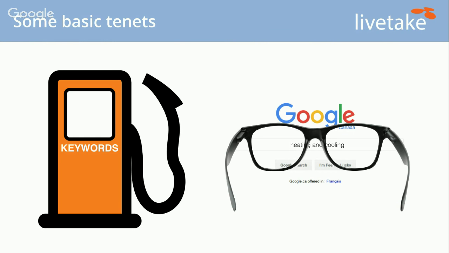Because of that, Google is going to always try to deliver to the customer, which is the searcher, the most relevant result. So they will always slant on the customer side, and everything that they do will be around, is this providing the appropriate result to the person who's searching?